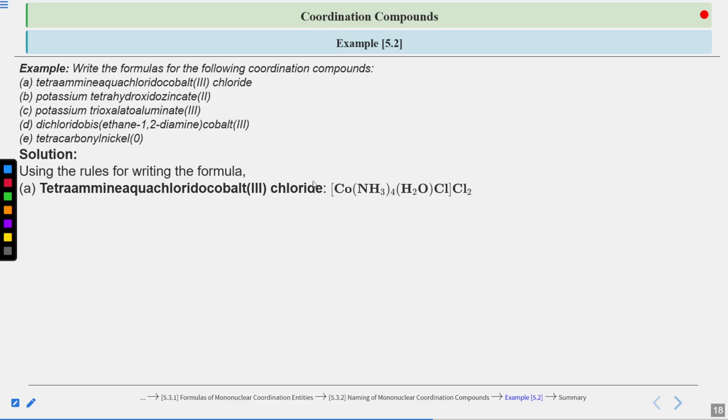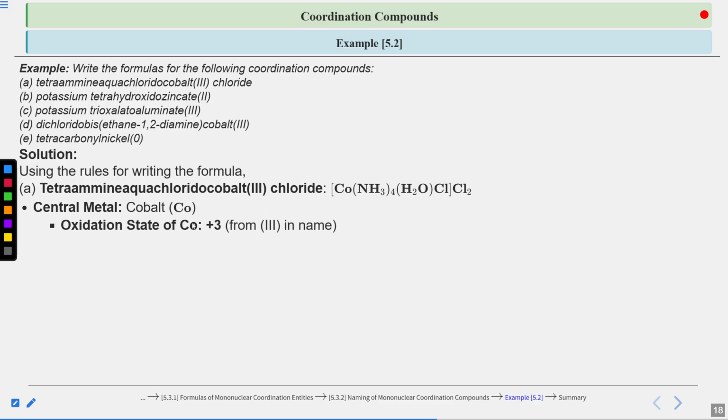The formula for this will be Co(NH3)4(H2O)Cl enclosed in the square bracket and then Cl2. Let's see step by step. So the central metal here is cobalt, because we have seen that the oxidation state, that is +3, is given in the Roman numeral with the cobalt. So cobalt is going to be our central metal.